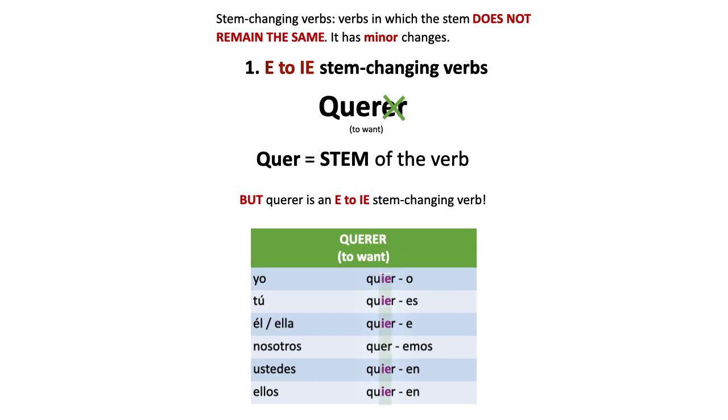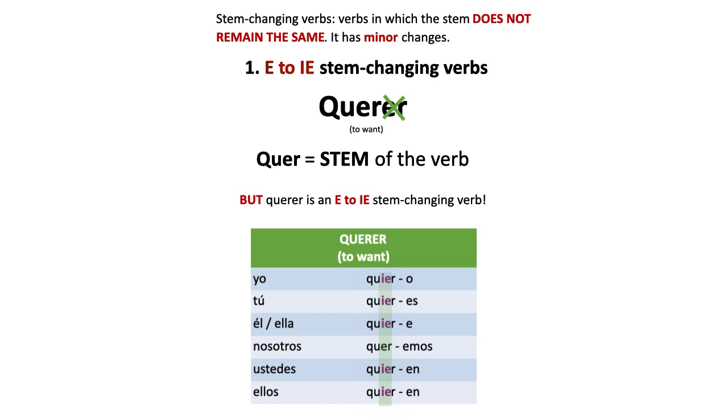Let's look specifically at this region of the stem. If you look at it carefully, you'll see that the changes that are happening are minor. Basically, the E that you find in the stem is changing for an IE, right? Instead of just E, you have IE.